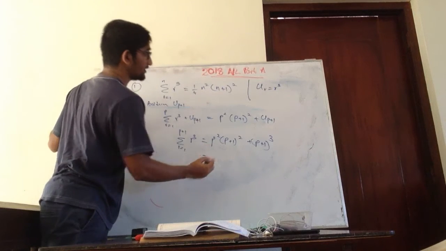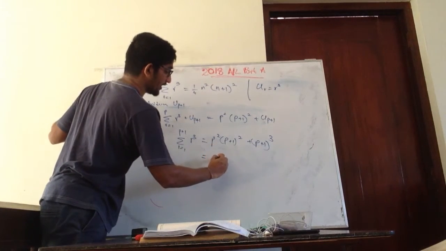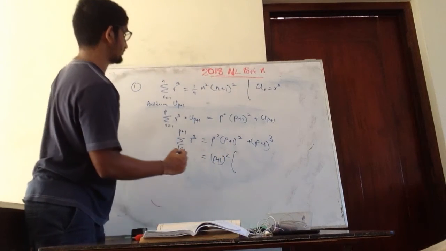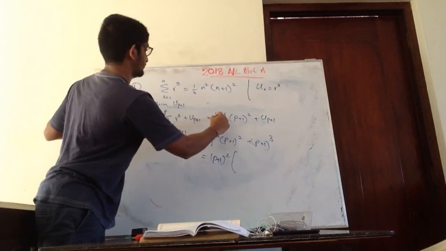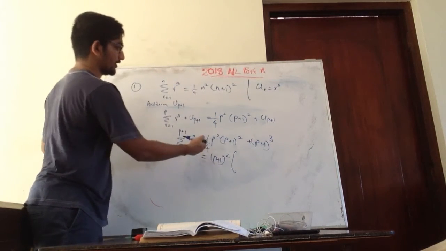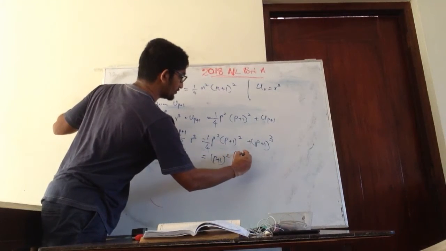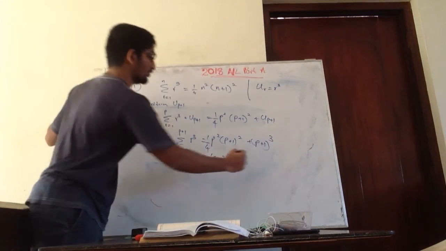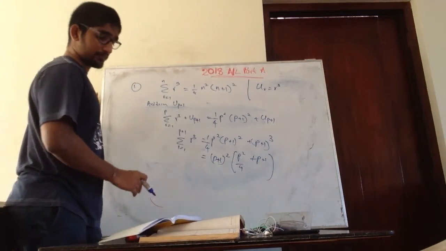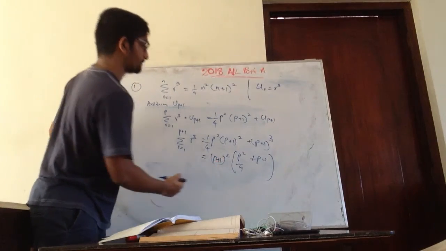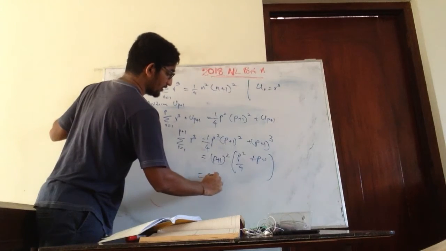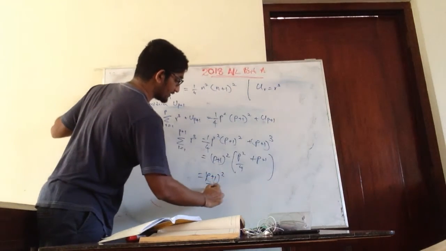So then I am going to take (p plus 1) squared out. Then I will get there's a 1 over 4 here. Then you will get p squared over 4 plus (p plus 1). Right? Okay. Then I am going to take this 4 as a common factor.